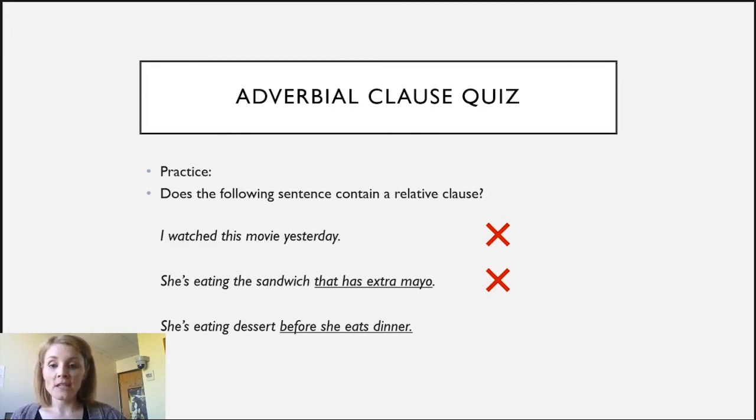Because it isn't talking about what type of dessert it is, and it's not modifying she, it's not saying what type of person she is. It's saying when she will eat the dessert, when she will do the eating. So because this is modifying a verb, the answer would be true. This does contain an adverbial clause.